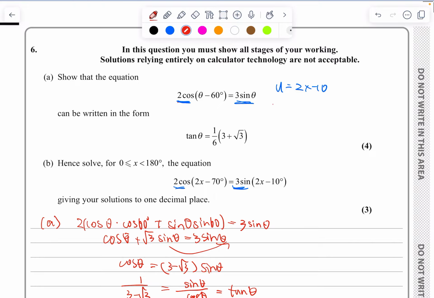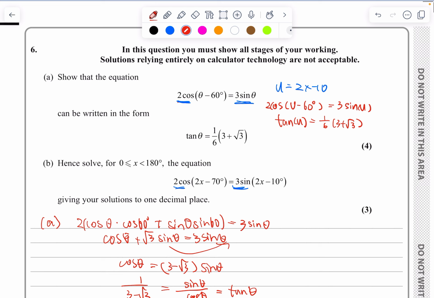Then that means 2 cosine of u minus 60 degrees equals 3 sine u. Then this thing will turn entirely into tangent u equals 1/6 times 3 plus square root of 3, because we just proved that, right?